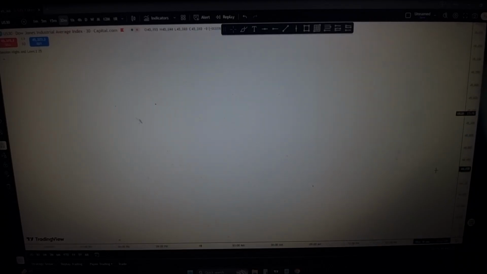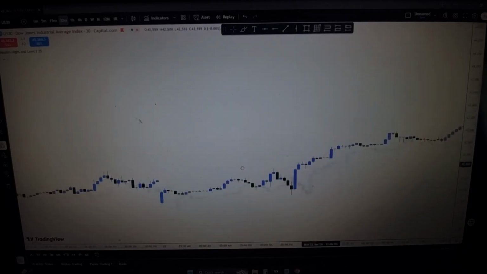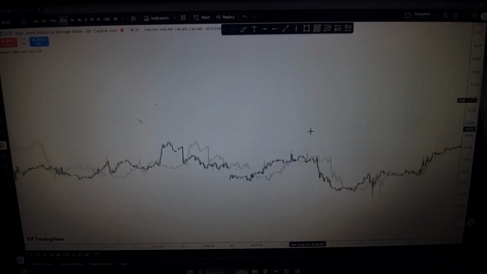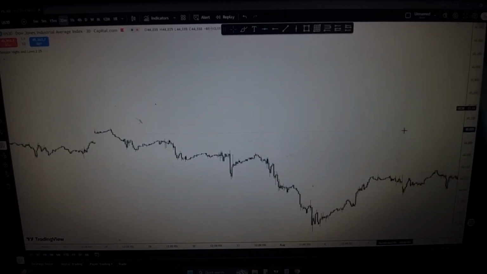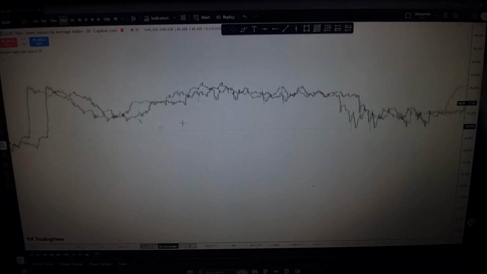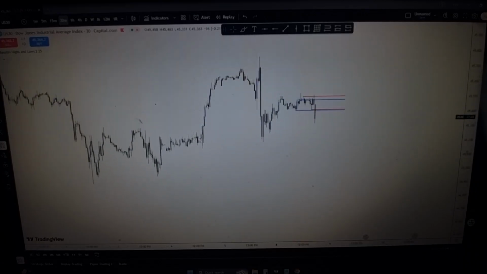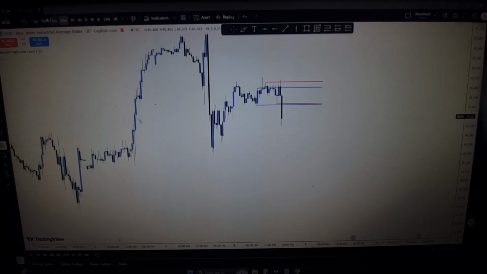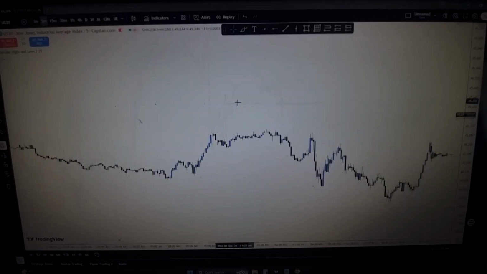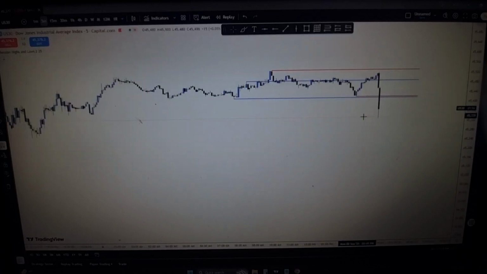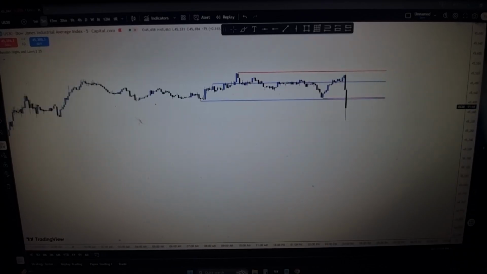Only reason because we swept out London highs, immediately had a move down, and then sweeping London and Asian session lows, market open. Okay, so we do see there is a retracement in the 30-minute candle, and we are waiting.